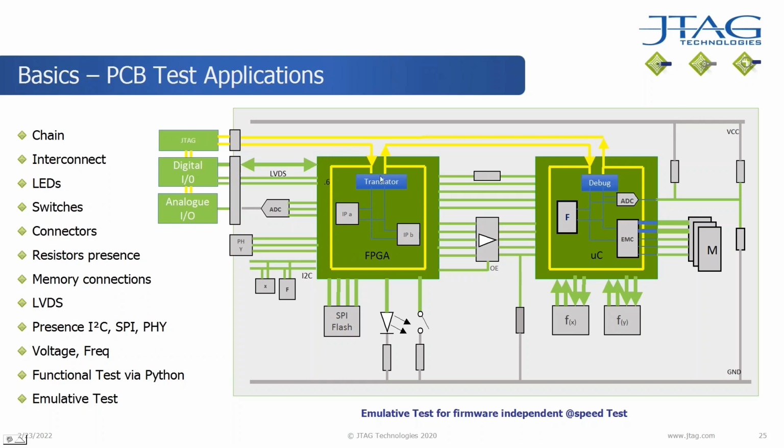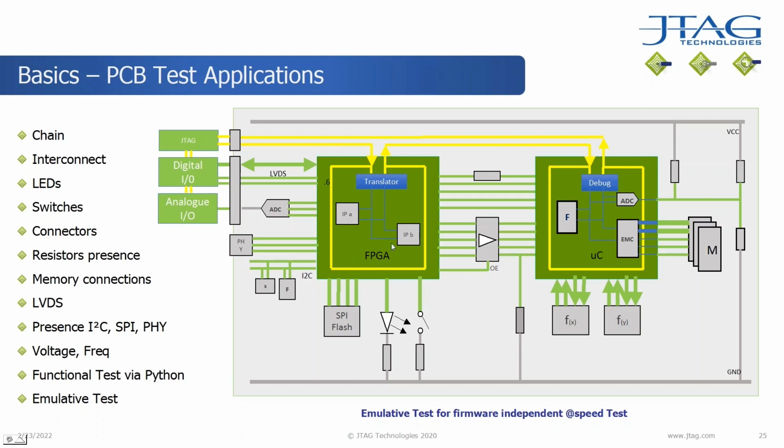The translator works in a similar way. If your FPGA fabric has been laid out using an embedded interconnection system like CoreConnect or Wishbone, or there are many others, and the names escape me at the moment, then we can provide a bridge between the boundary scan interface, the JTAG interface, and your embedded interconnect system, and again allow you to perform memory writes and memory reads to those IP blocks.